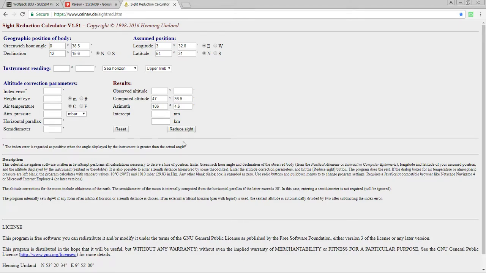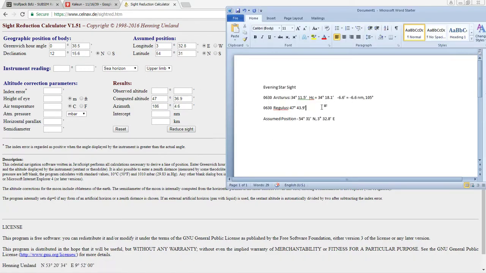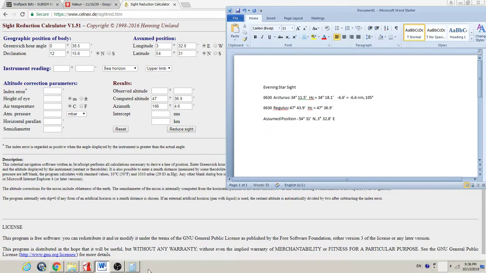That's odd, but anyway, it doesn't matter. We just make a note of our computed altitude. So HC equals 47 degrees 36.9 minutes.